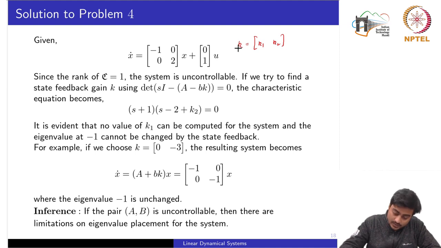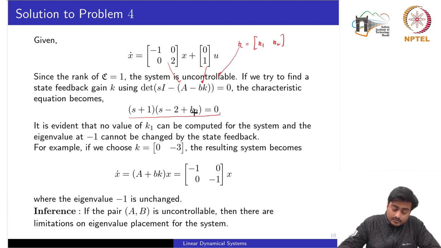Okay. Now once we substitute K here and the A matrix form here, the B matrix here, and solve or open up this equation, we obtain this one. One important thing you would see is that one of the elements of the gain vector k, which is k1, is not available here.